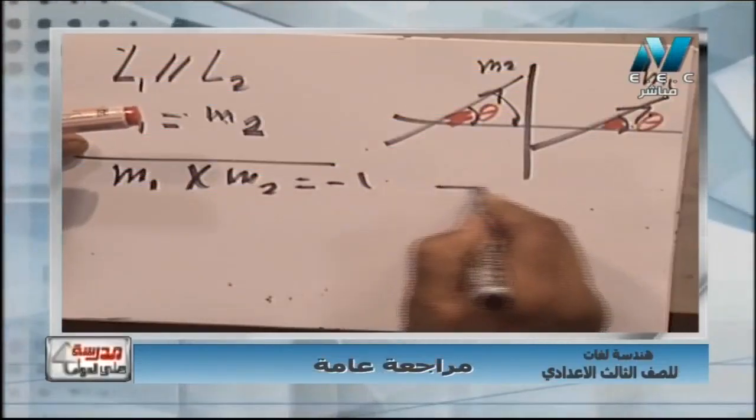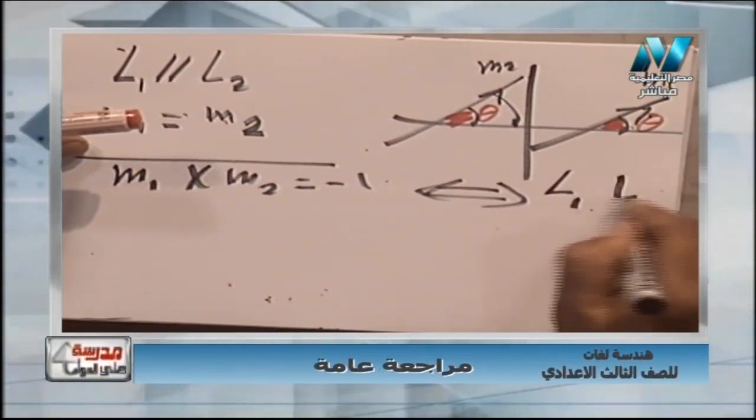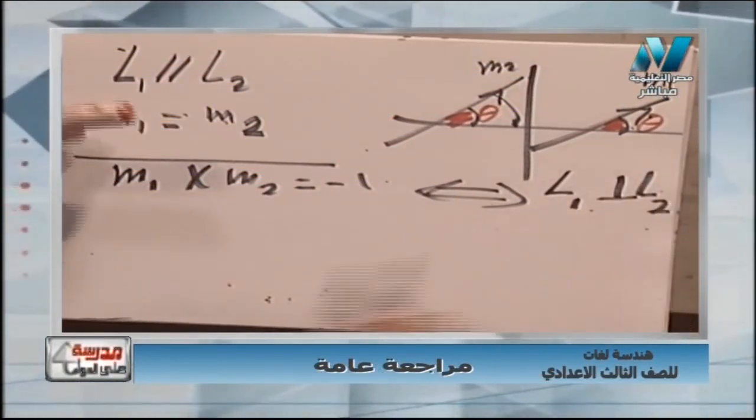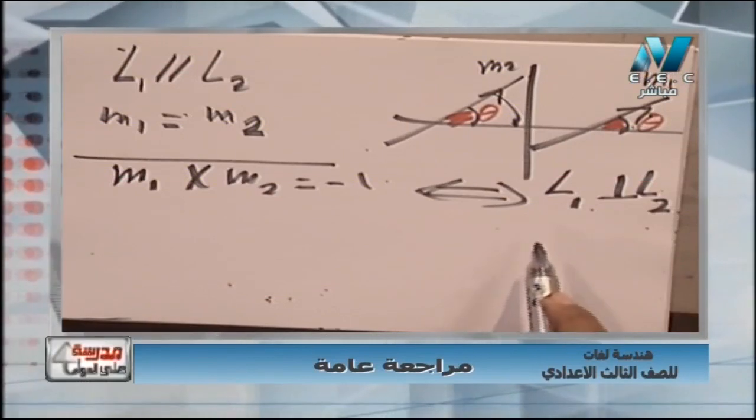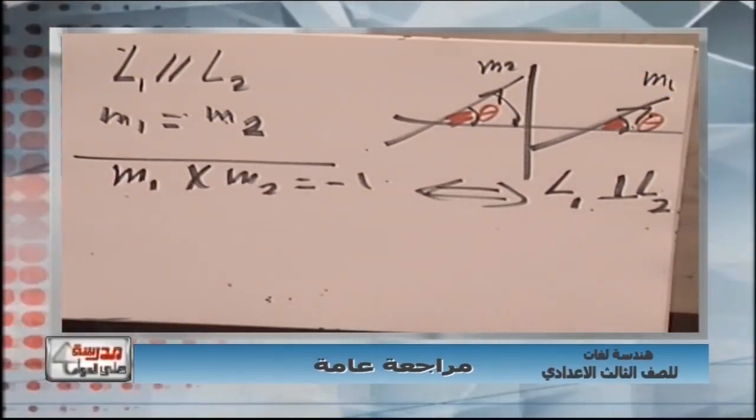Who can tell me when the 2 lines are perpendicular to each other? Perpendicular means their product equals -1. M1 times M2 equals -1. It's a sufficient condition to prove L1 perpendicular to L2 and vice versa. If the 2 lines are perpendicular, then M1 times M2 equals -1.